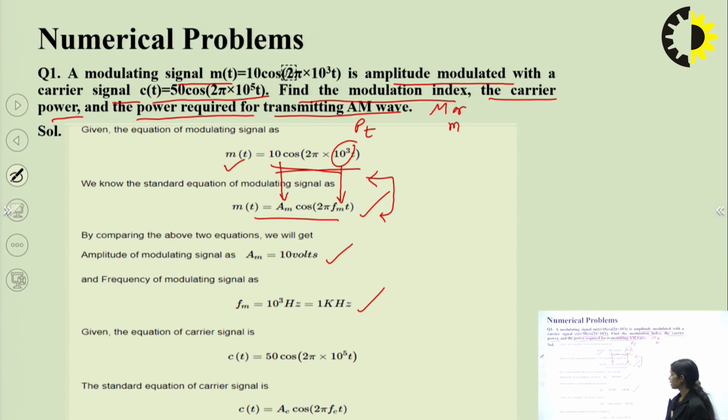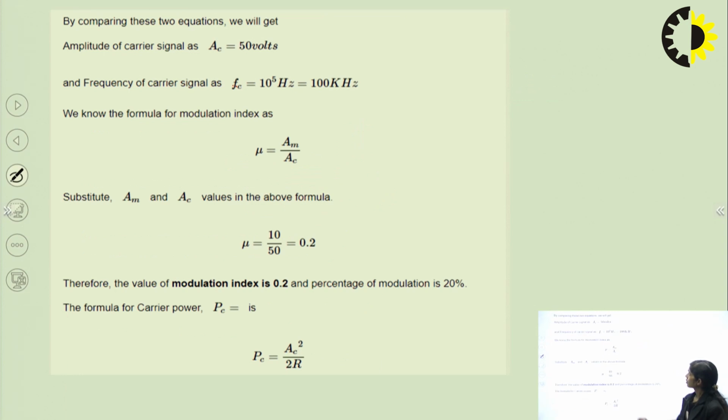Now, with the carrier signal given, again comparing this with the standard equation of the carrier signal, we will get the carrier amplitude and the carrier frequency. So from this, the carrier amplitude we get is 50 volts and the carrier frequency is 10^5, that means it can be written as 100 kilohertz.